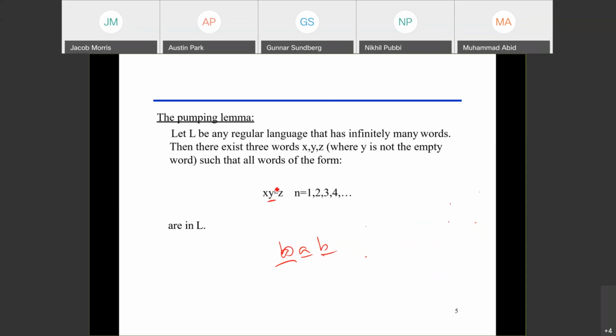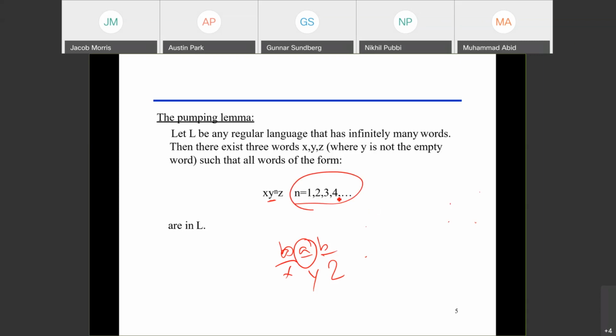So always you divide your word into three parts: one is X, one is Y, one is Z, and the Y part you consider to be on the loop. So here I consider that this part is X, this is Y, this is Z, and this is on the loop. So now if this is a regular language, n can be any number.